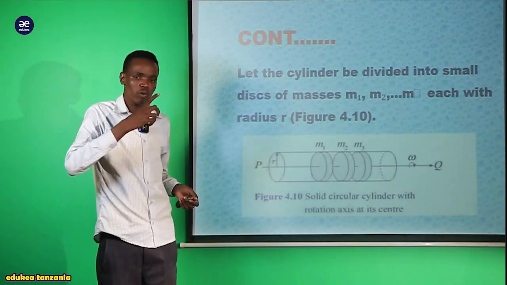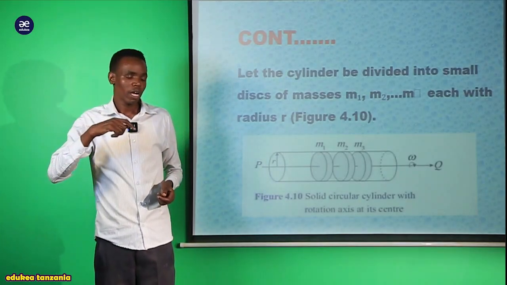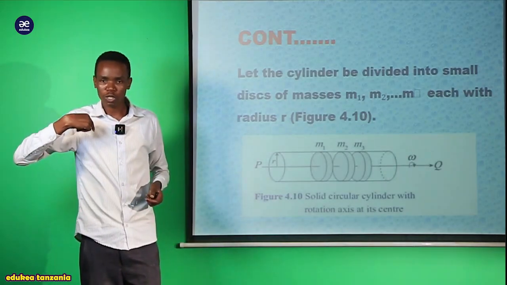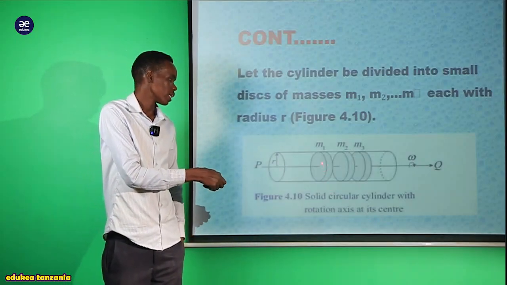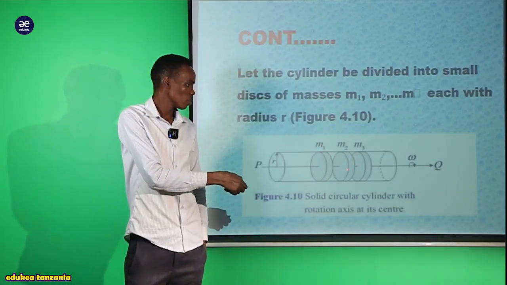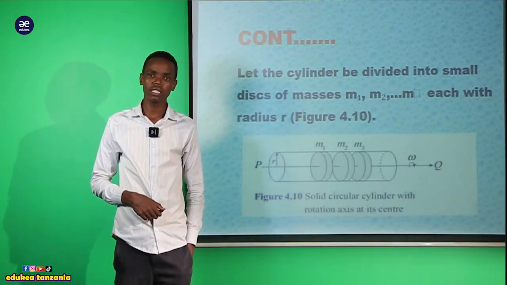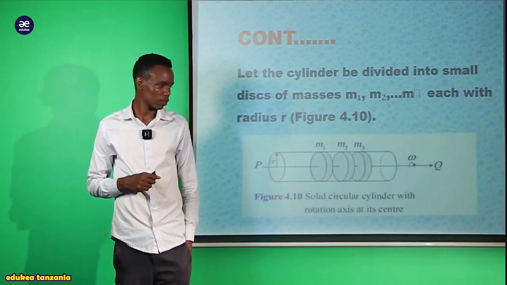The disks that are found inside the cylinder try to rotate perpendicular to the axis of rotation through the center. As we observe, we have disk 1 that contains mass 1, disk 2 containing mass 2, and finally disk 3 that contains mass 3, my dear students.